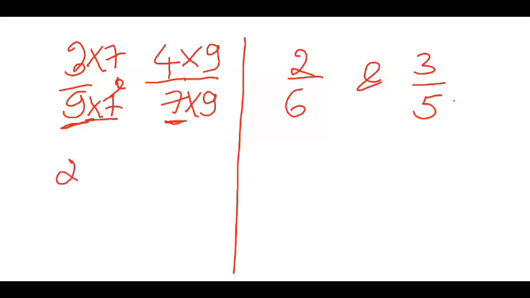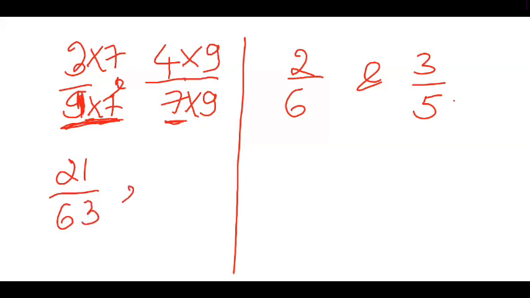What is 9 times 3? 21. And 9 times 7 is the same as 7 times 9. Is it not 56? No, it's not 56. It's 63. 7 times 9 is 63.